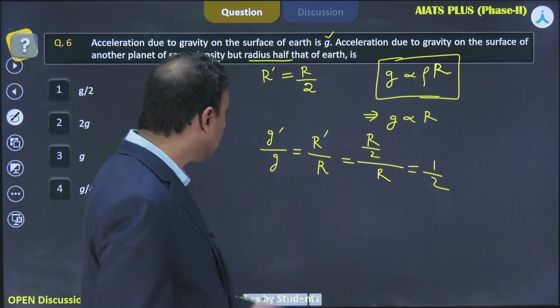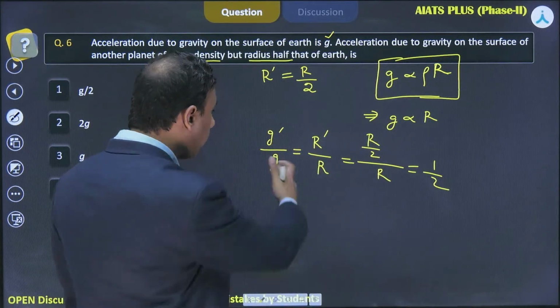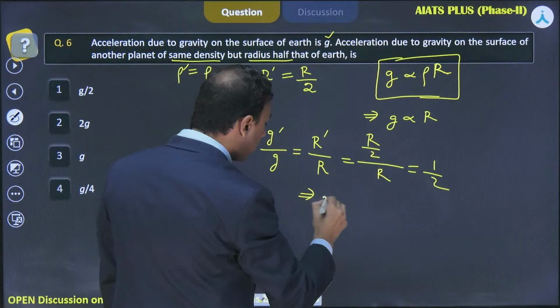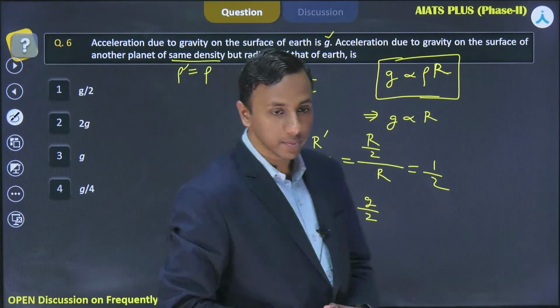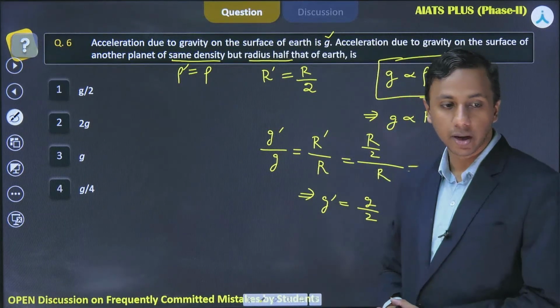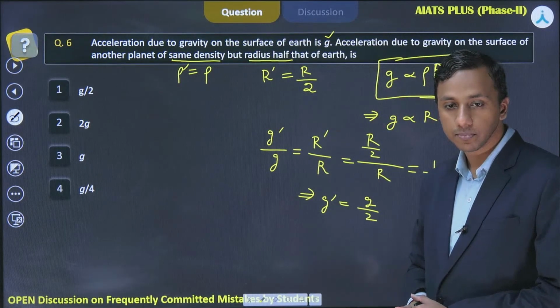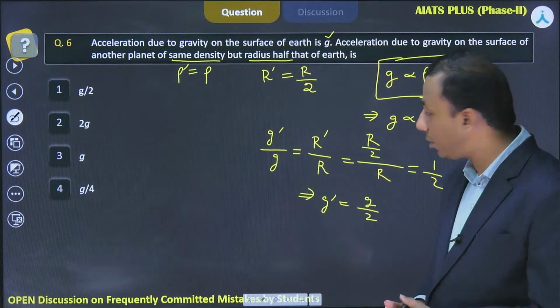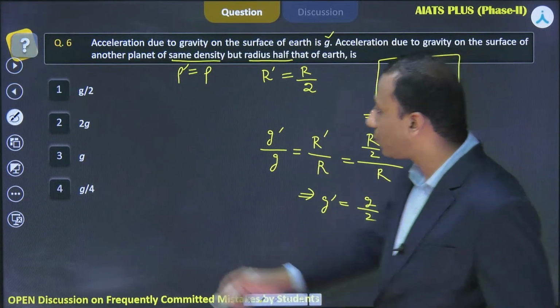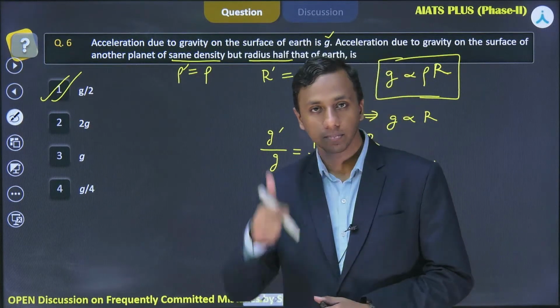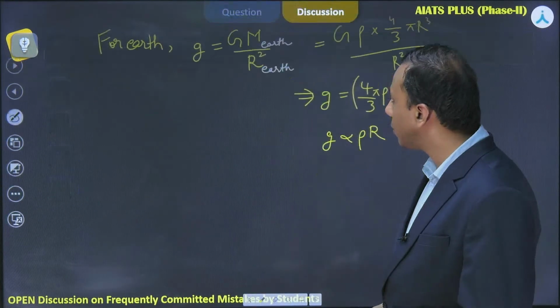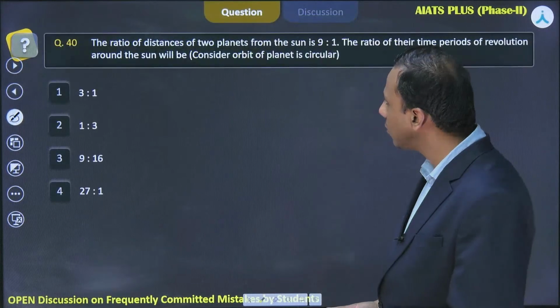R gets cancelled. So what will g dash become? Take this g over there. So the correct answer is g dash is equal to g by 2. Yes, thank you Puneet. So the correct answer would be option number 1. It's a very simple question, this one was.